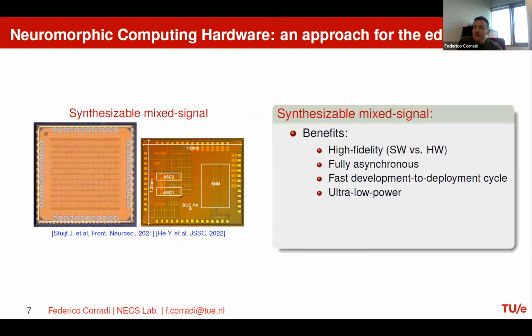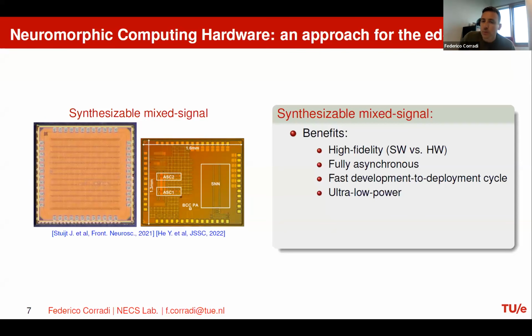And this is a synthesizable mixed signal approach, in which we design fully asynchronous systems. We design analog mixed signal cells that we then try to integrate into the digital flow process.